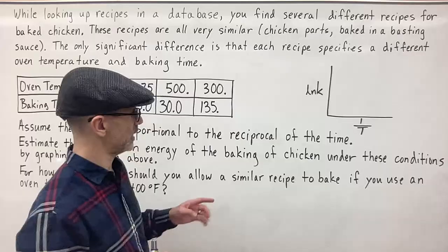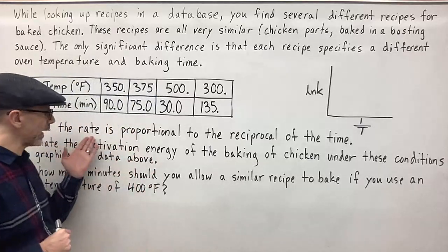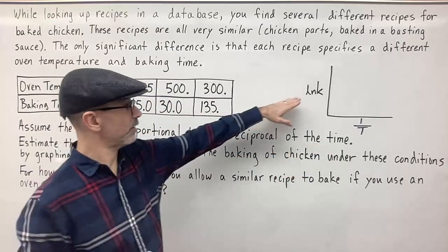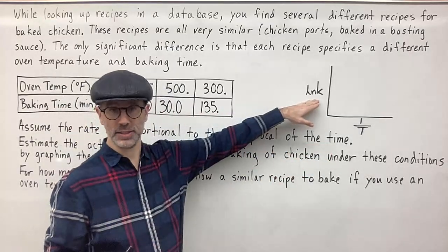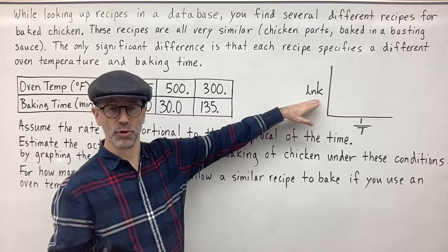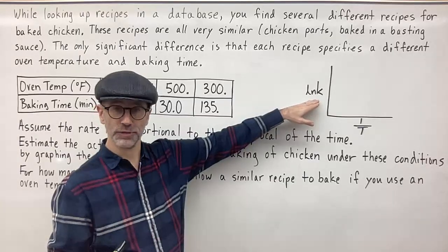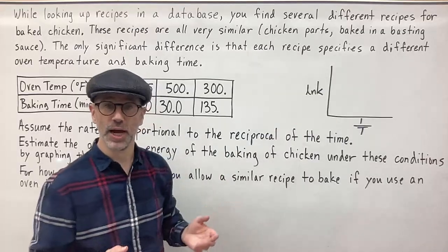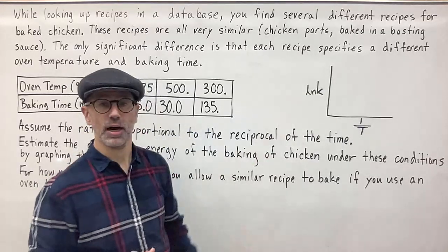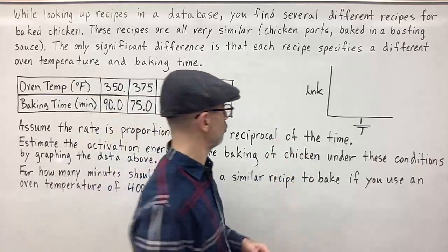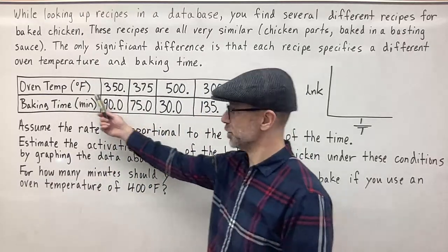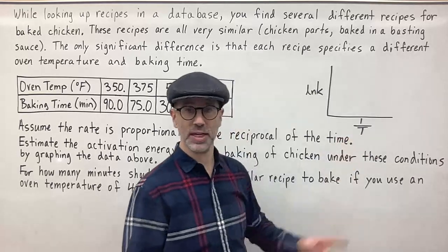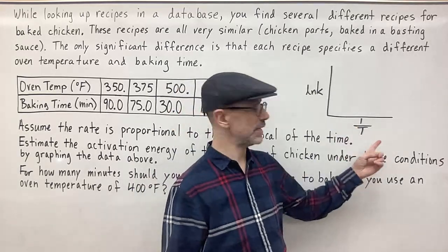In this case, since the rate is proportional to the reciprocal of time, the rate constant is also proportional to the reciprocal of time. So we can set that equal to the reciprocal of time and then take the natural log of that. We also have to take our temperature, which is in Fahrenheit, and convert it to Kelvin, because when we plot this, our temperature needs to be in Kelvin.